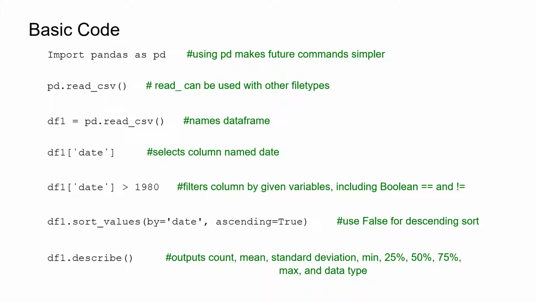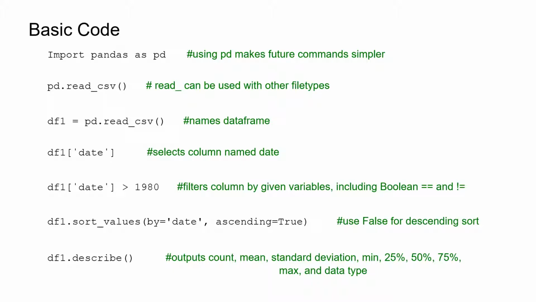Then we can filter the column using different variables. I've filtered the column date by any date greater than 1980. But you can also use Boolean terms, such as 2 equal signs for equals, or exclamation mark equals for does not equal. Next, you can also use df1 to sort values, and you can sort in ascending order or descending order.